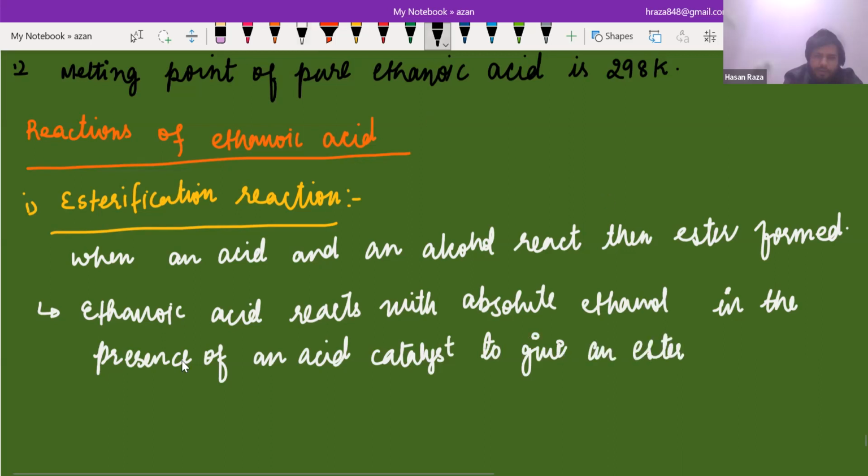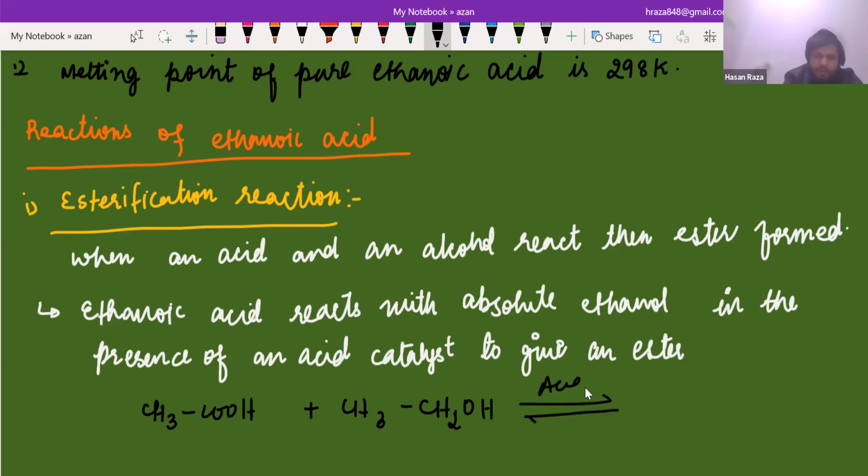I'll show you the reaction. It's quite easy. The ethanoic acid has this chemical formula. It is going to react with ethanol, which has this chemical formula. This reaction is carried out in the presence of acid, which means you can either write acid or H plus.